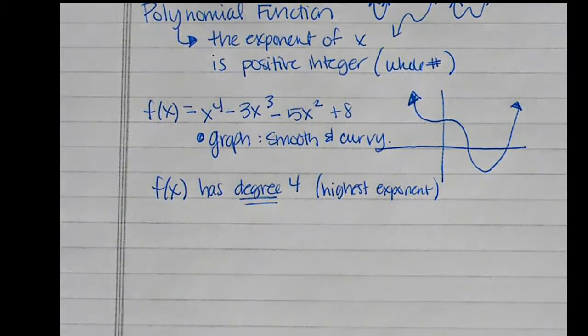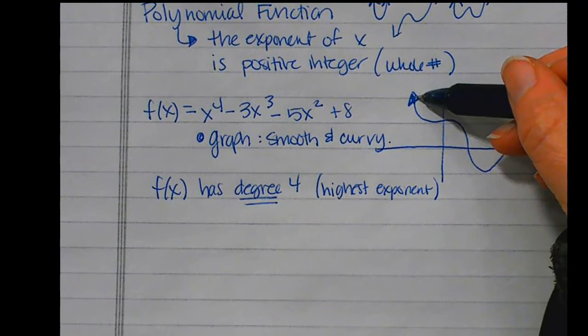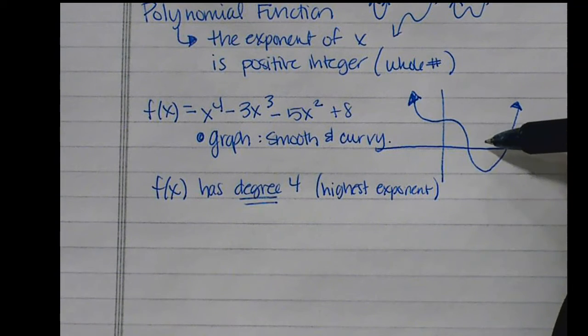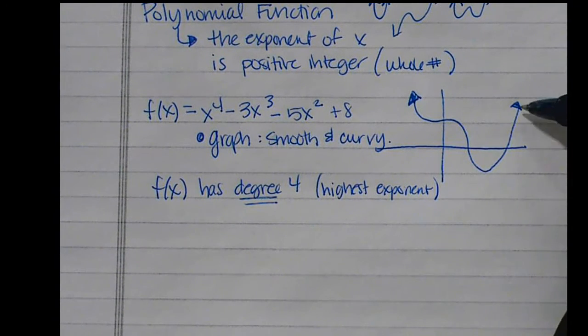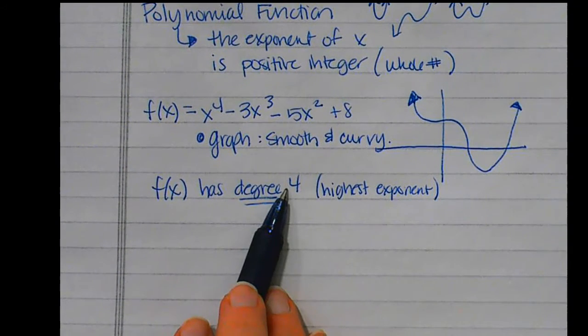And because it's a degree 4, we talked about last year that even exponents like 4 mean that it will have the same behavior. So on the video you can't see me, I'm holding both of my hands up because degree 4 means it's both going to end up on the ends. Some things might happen in the middle, but the end behavior is based on what degree it is.